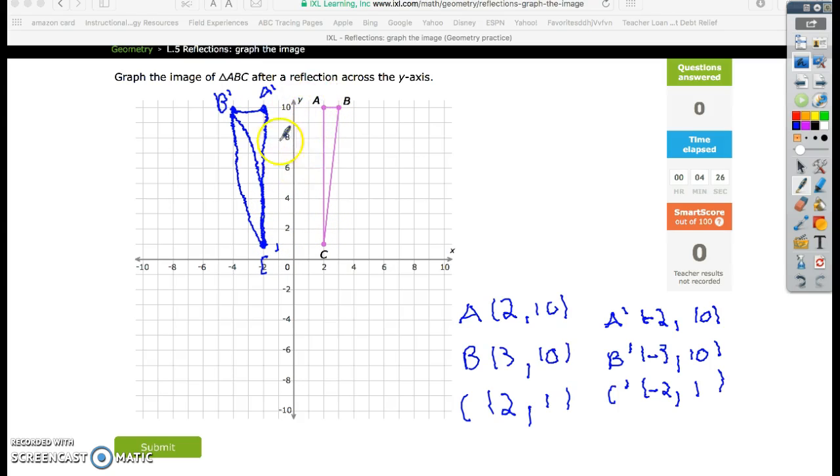Now, to check myself, here's what I can do. My line of reflection is the y-axis, the straight up and down vertical line. To check myself, I can make sure that my reflected image is the same distance as my pre-image. So if I start here at C and I go to my reflected line, I can count 1, 2.